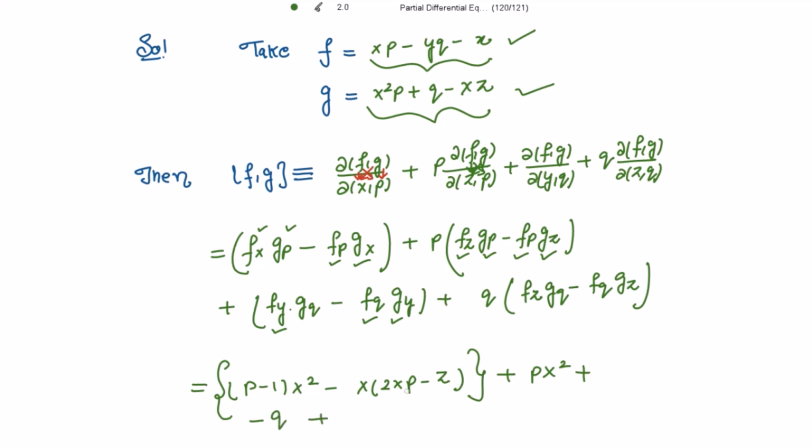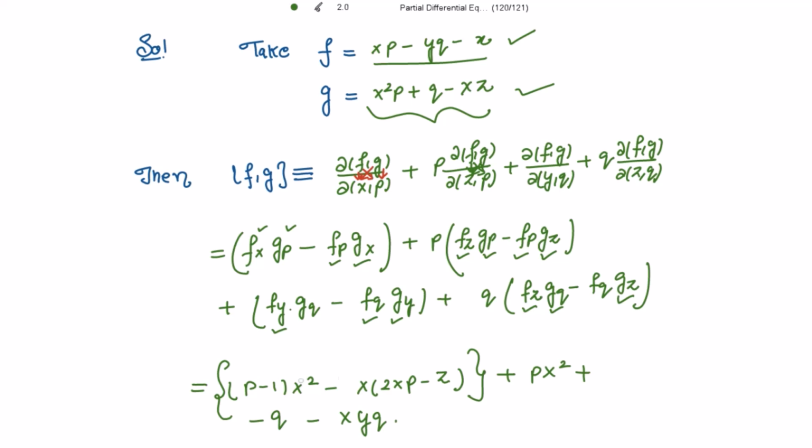Plus q times fz; there is no z over here, so this is 0. There is no need to find gq because it is already multiplied by 0. Minus fq, that is minus y, and gz, that is minus x. So that means we have minus xyq.